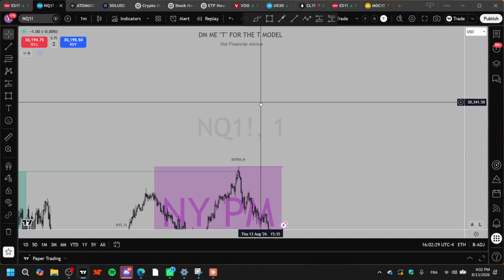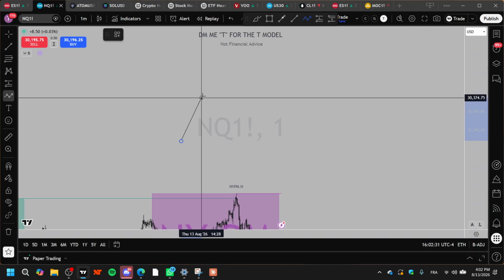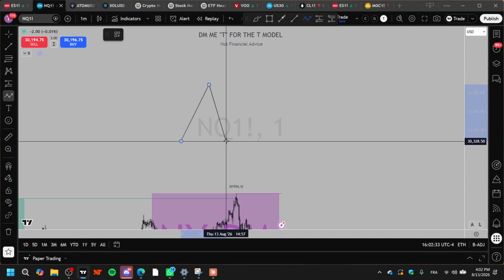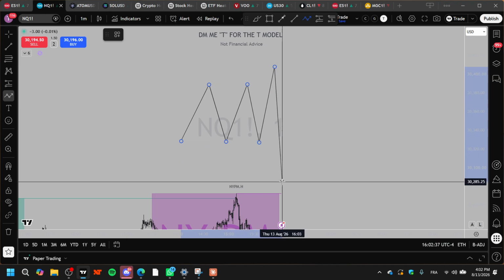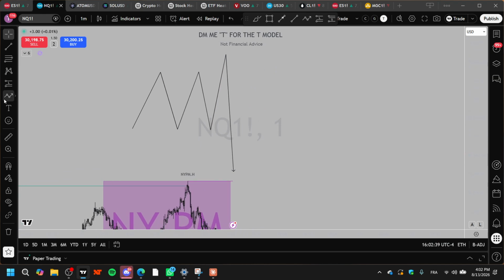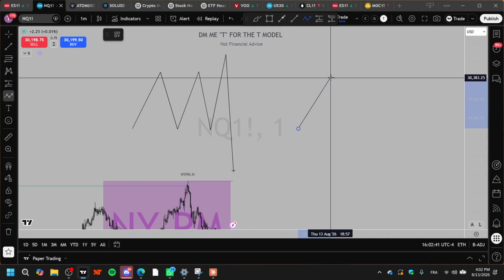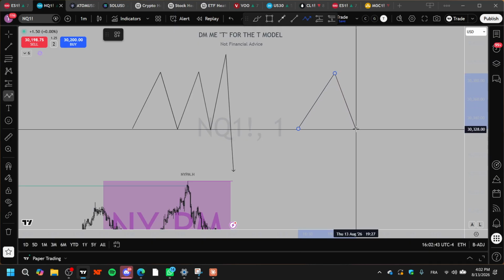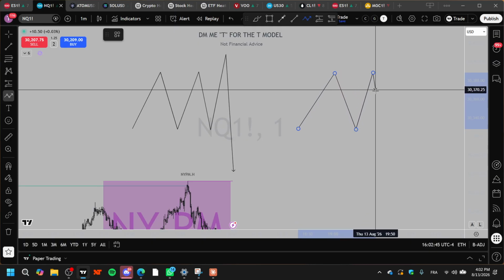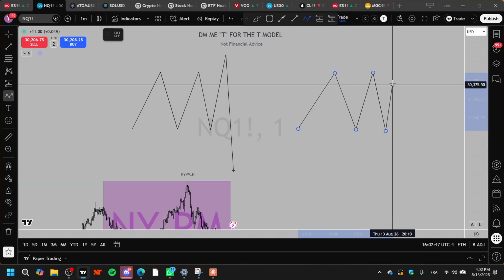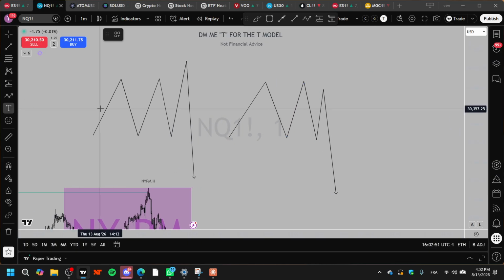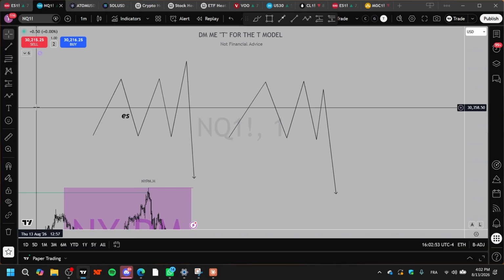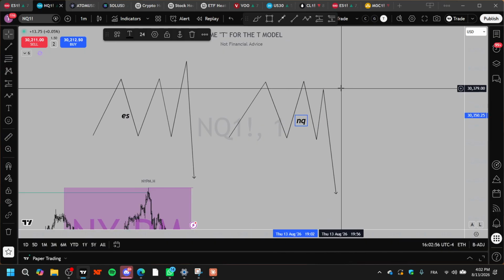So let me make you a quick drawing right here of the two assets. All right. Let's say we're looking for shorts. We're going to have ES right here, and we're going to have NQ right here.